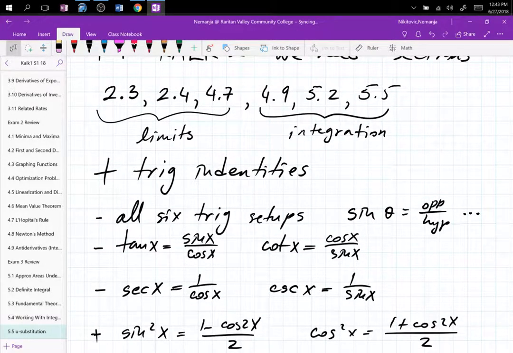I also encourage you to go on my channel and look for the first lecture of Calc 2, where I go through all of these in detail and do some proofs and some review from Calc 1. Derivatives are not going to be a central part of Calc 2. They will show up, but not as many.